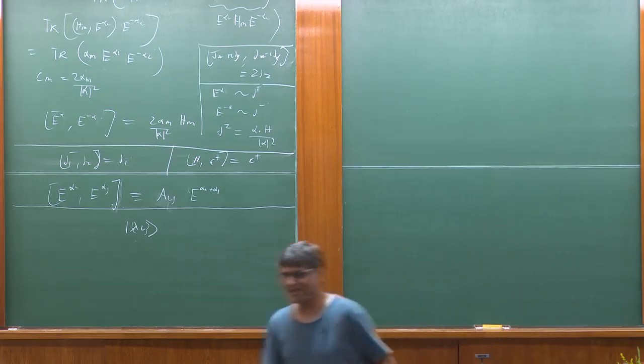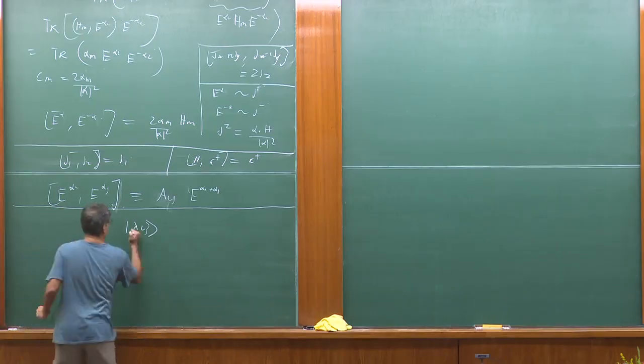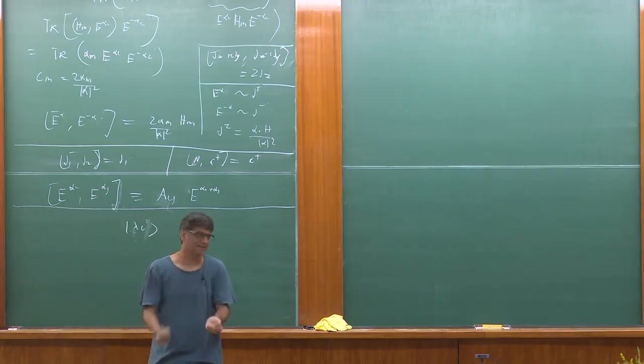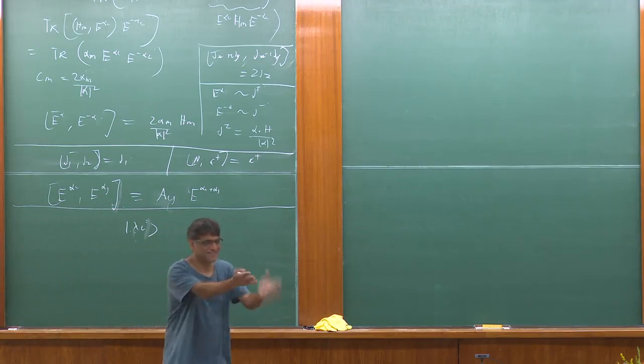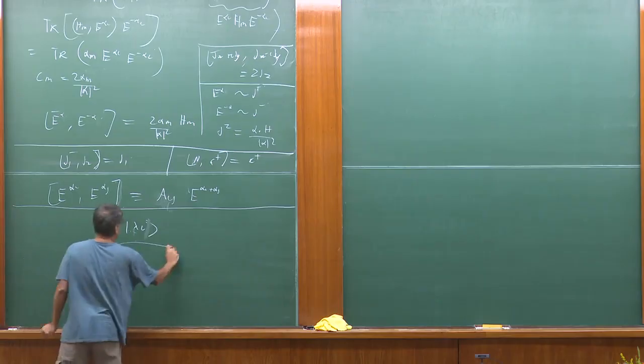SU3 clearly has two Cartans, and you can choose some linear combinations and give them a name. I know nothing about hypercharge and whatever, but one is called hypercharge, one is called isospin.